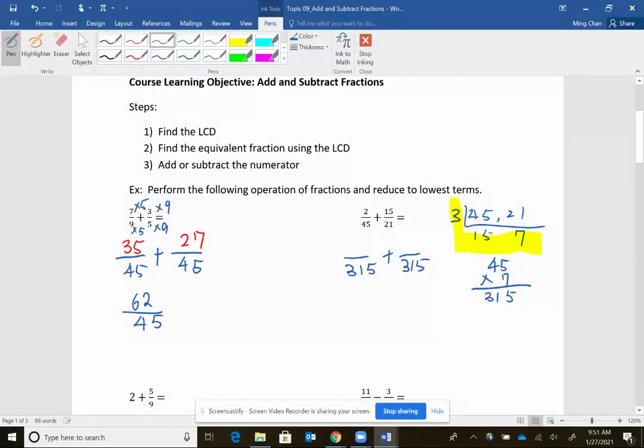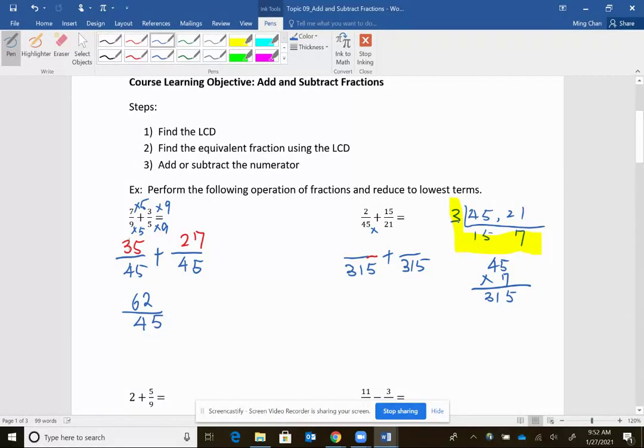Okay, so let me show you a trick that I showed you before, to kind of prevent us from doing too much work. So the question is now, 45 will go into 315 how many times? So what does my 45 have to multiply by to become 315? See the 45 in the original problem? It's got to multiply by what? See the 45 right here?